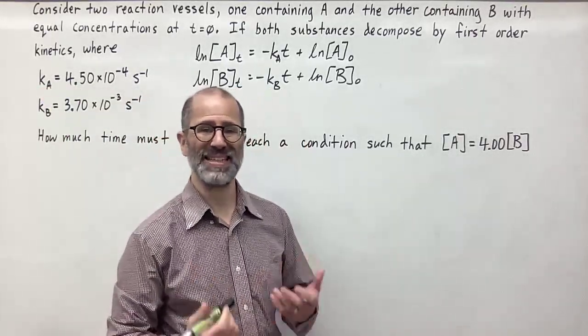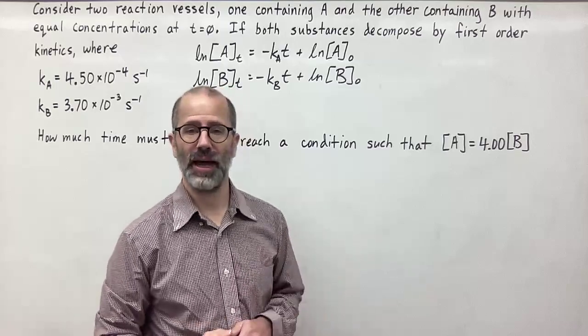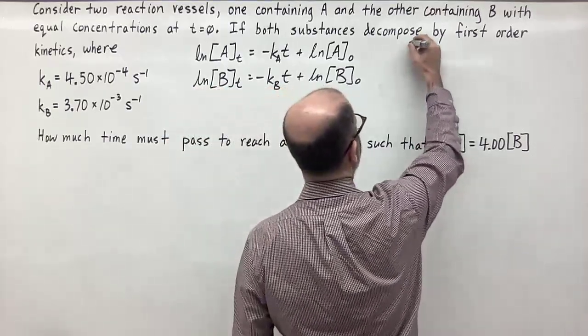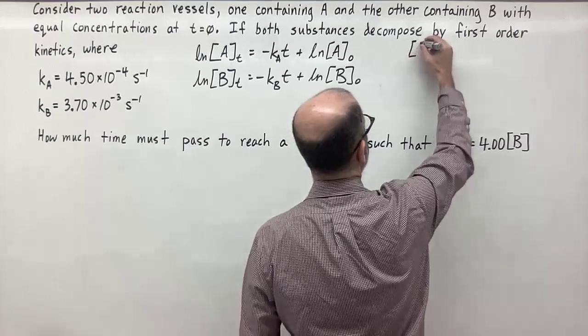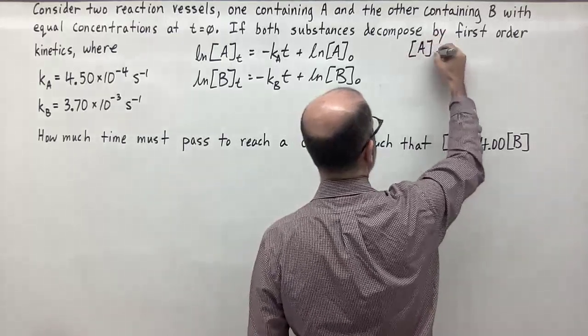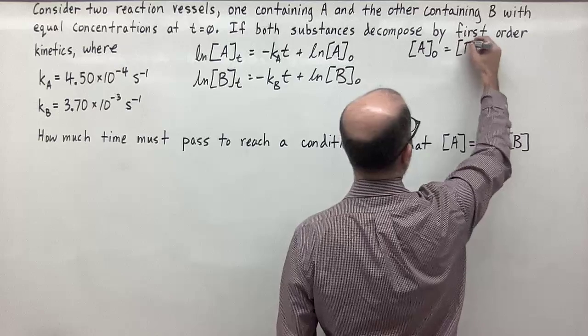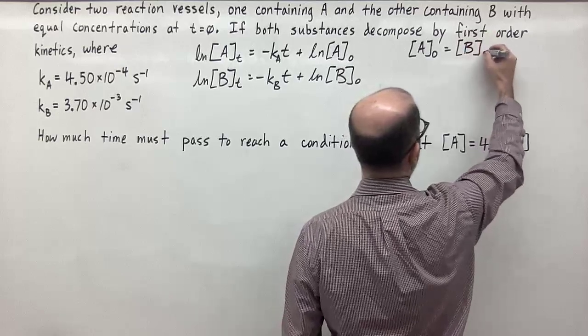So we're told that at t equals 0 they have equal concentrations, A and B. So let's write that out. The initial concentration of A is equal to the initial concentration of B.